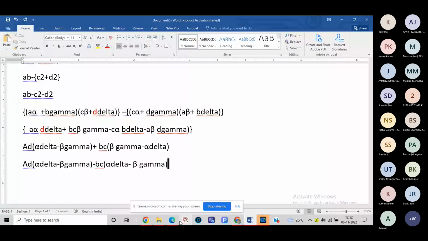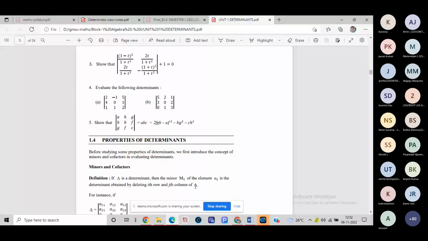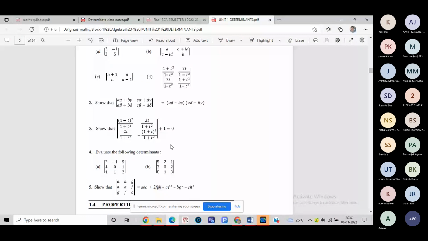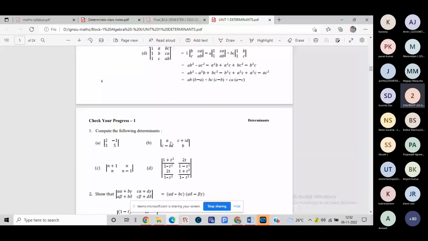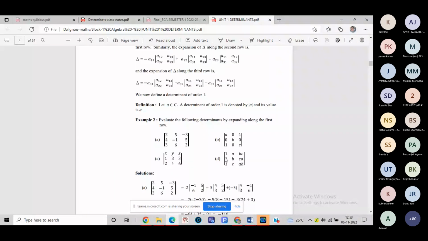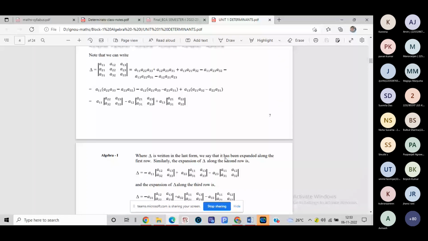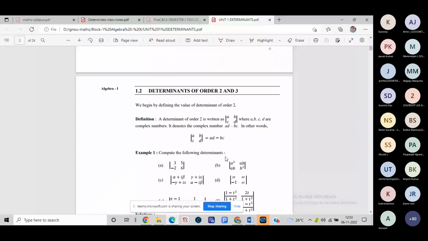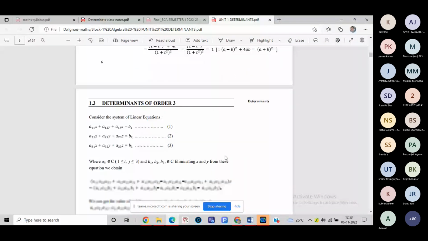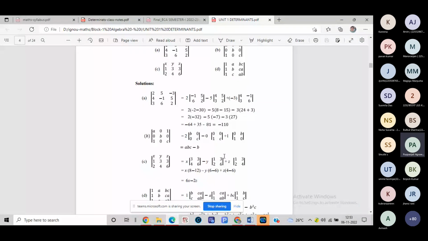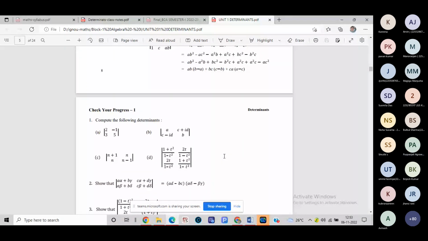Is there any LHS question? AD minus BC and A delta minus B delta.